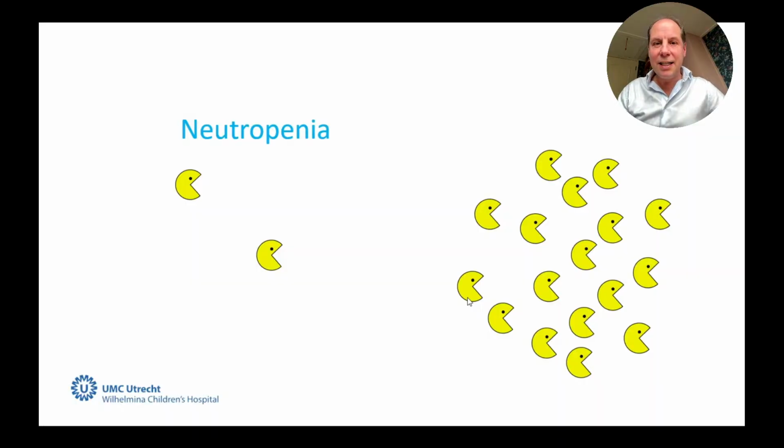There's other diseases where there's just a shortage in number of neutrophils, and that's called neutropenia. That's an important immune deficiency, but it's not at play in Jacobsen's disease. But we see that, for instance, in patients with cancer. If they receive chemotherapy, then they will become neutropenic and prone to infection.